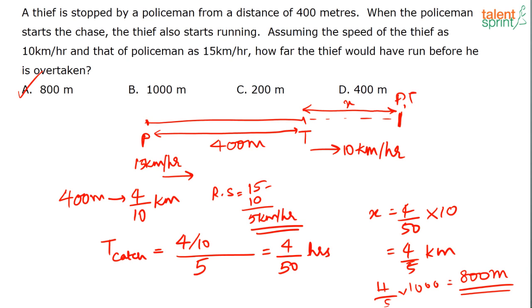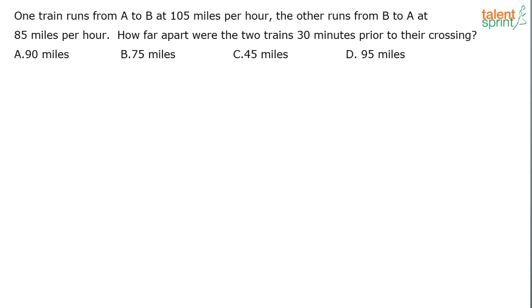Subtract speed, add speed. Just don't memorize it by heart saying that if two objects are traveling in the same direction, subtract the speed. No, it's not like that. Just think of the train case, right? When we are sitting in a train, what happens? If you relate it to that, the concept will be clear to you. Okay? So is this clear? Shall we move on to the next question? Okay, let's move on to the next question.